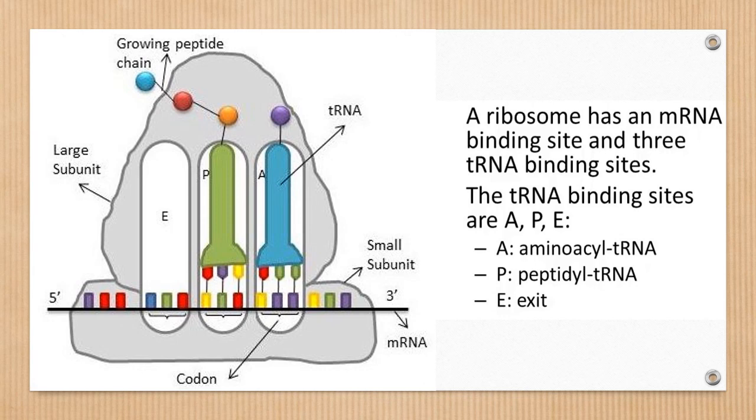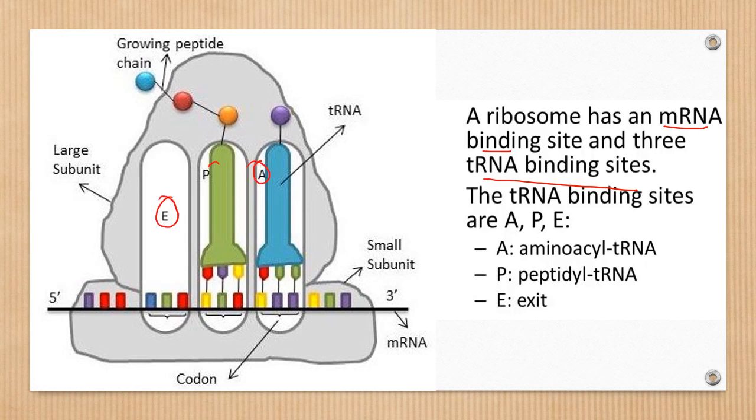So a ribosome has an mRNA binding site, and there are three tRNA binding sites we can observe in a ribosome. The anticodon loop pairs with the mRNA at the mRNA binding site. And the tRNA binding sites are A, P and E, three sites.